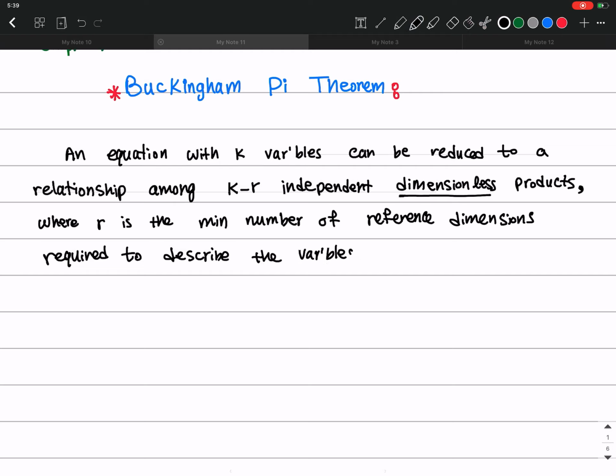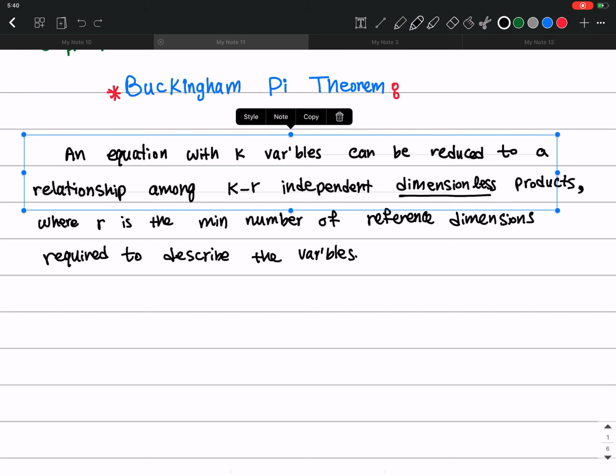Okay, so R is the minimum number of reference dimensions required to describe the variables, and K is the number of variables for a relationship. And this theorem says that we can reduce that equation using K minus R independent dimensionless products. Okay, this is a theorem in general in any field of physics, and we are going to use that for fluid mechanics. It's very useful.